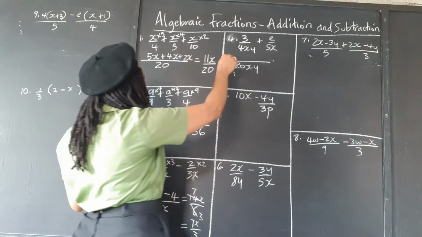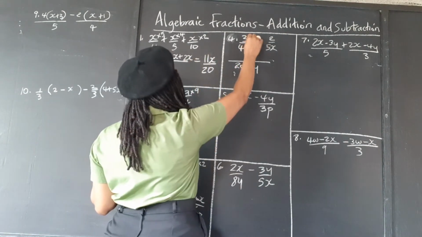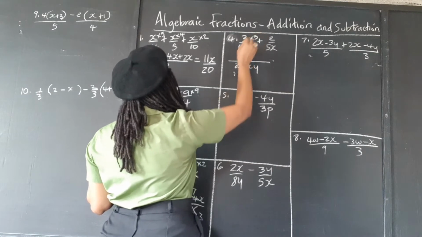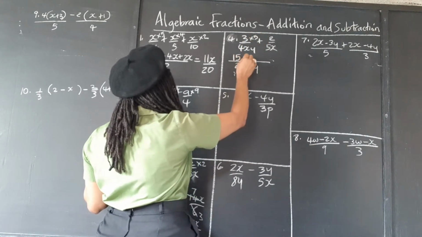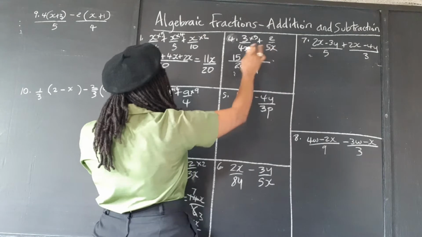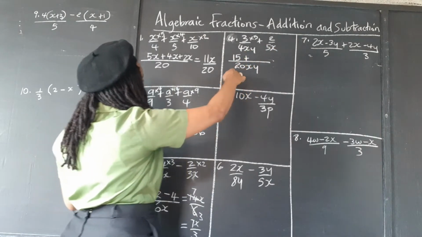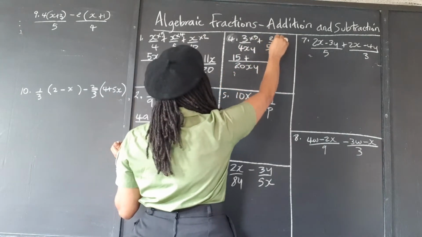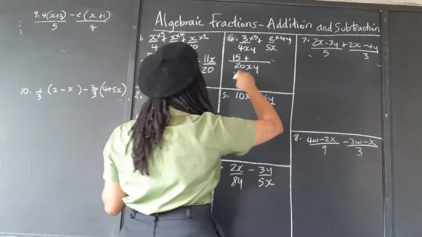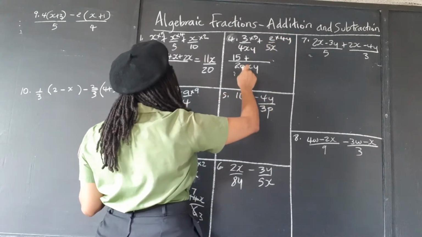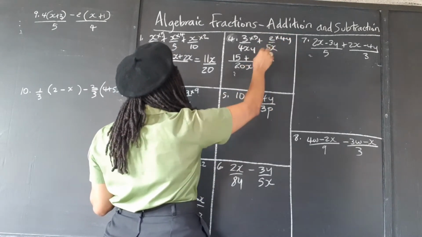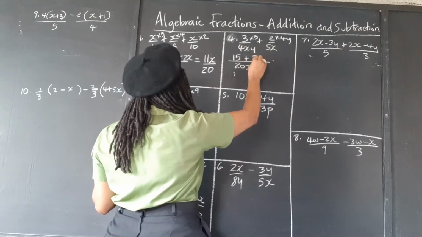So 4xy goes into 20xy 5 times. 3 times 5 is 15. 5x goes into 20xy 4y times. 5 goes into 20 4 times, the x's cancel and we have the y. 2 times 4 is 8y.